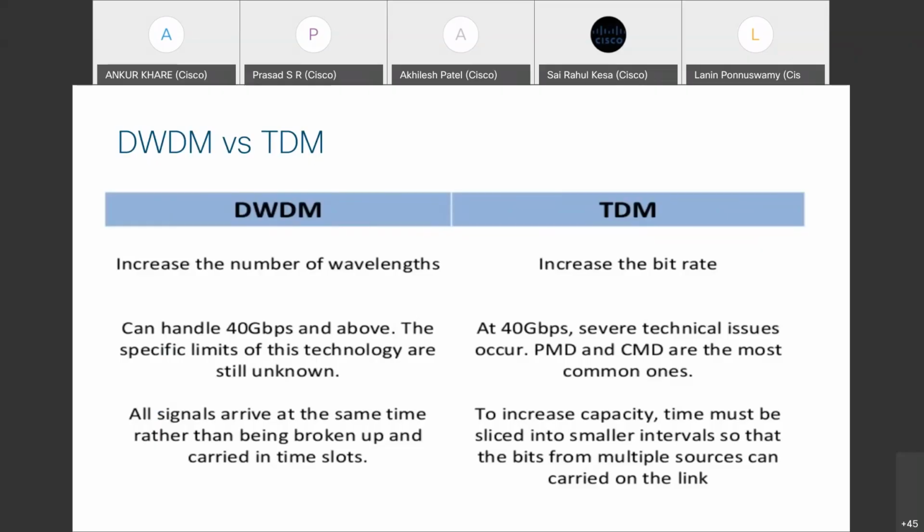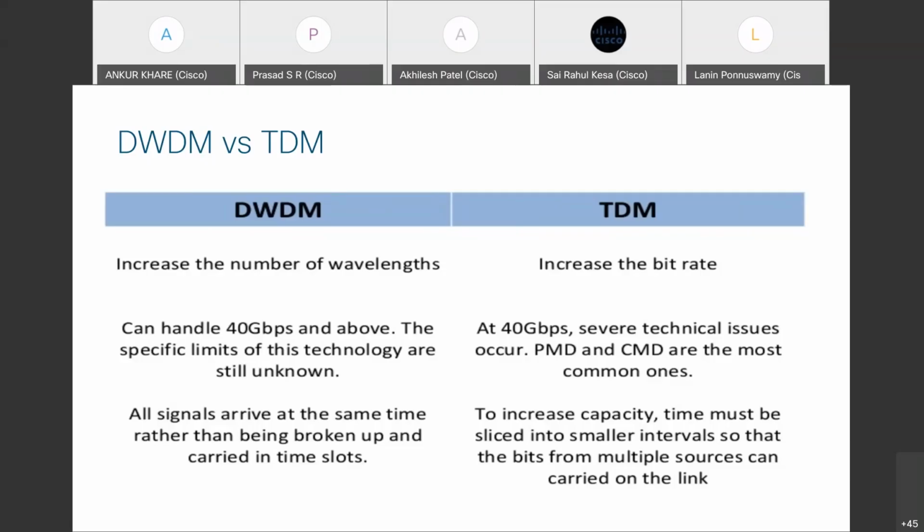Time division multiplexing always focuses on increasing the bit rate to increase the bandwidth. Here we increase the number of wavelengths. So within that spectrum, 1530 to 1565, we can have 80 channels of wavelengths. Okay, so 80 channels we can carry.